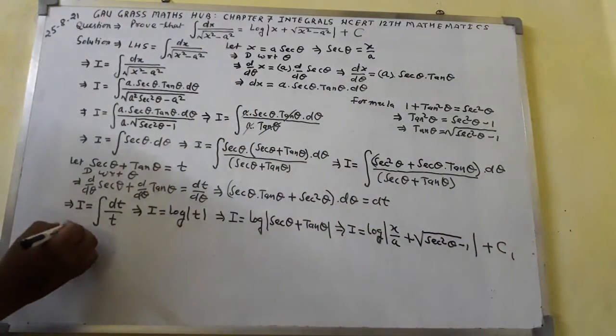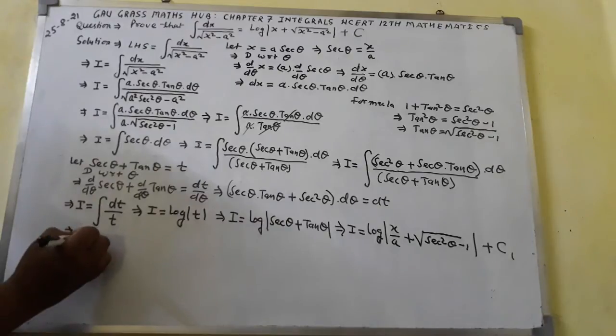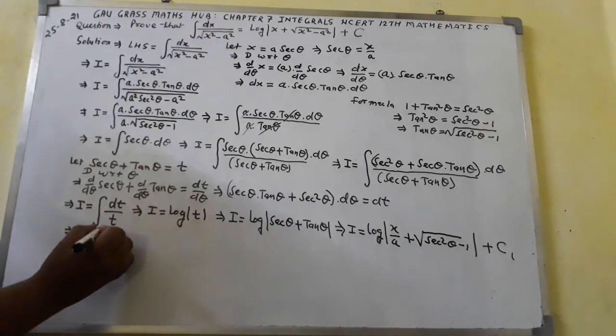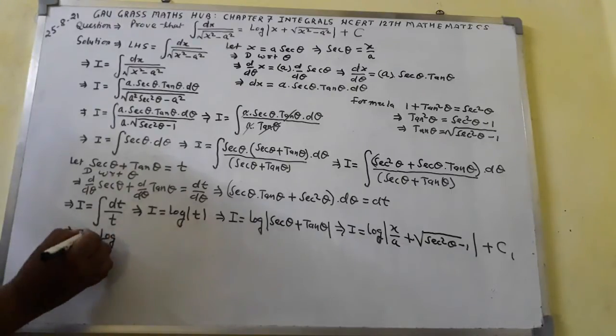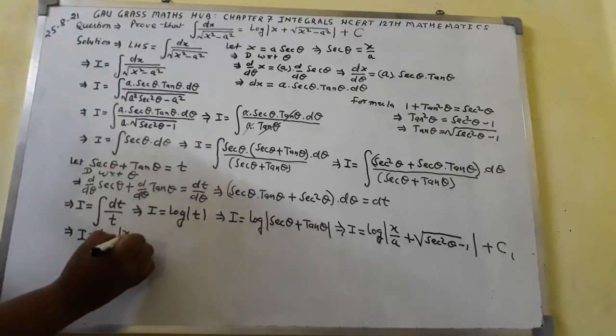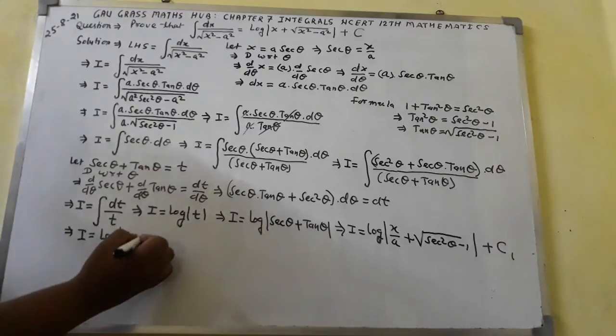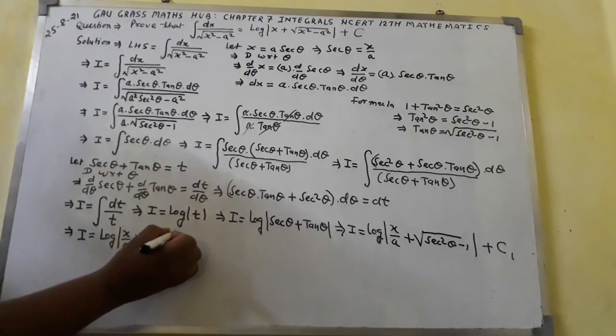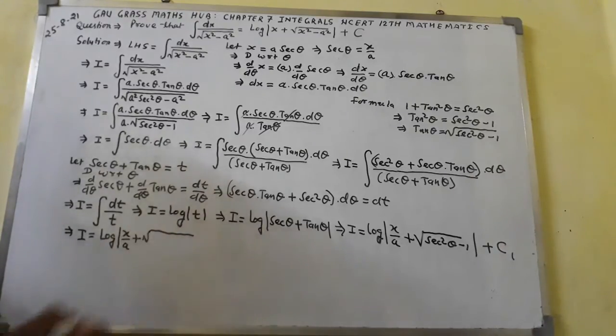Now again I shall write, imply that I equal to log mod x over a plus under root sec square theta minus 1.